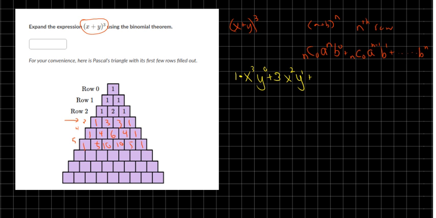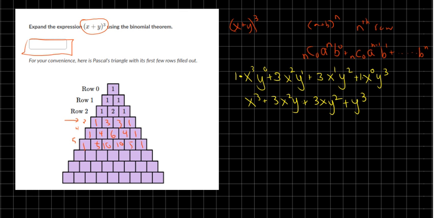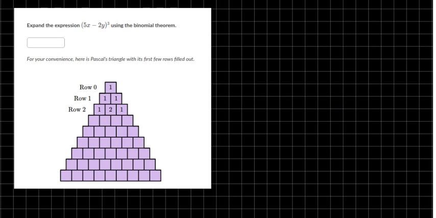Then I'm going to take the next one, 3 x y squared, and then I'm going to use that last one, 1 times x to the 0 power y cubed, and then I just need to simplify it. So this is x cubed plus 3x squared y plus 3xy squared plus y cubed, and that's what I'm going to write up in here, and I'm going to get it right. You can too. Let's look at the next one.